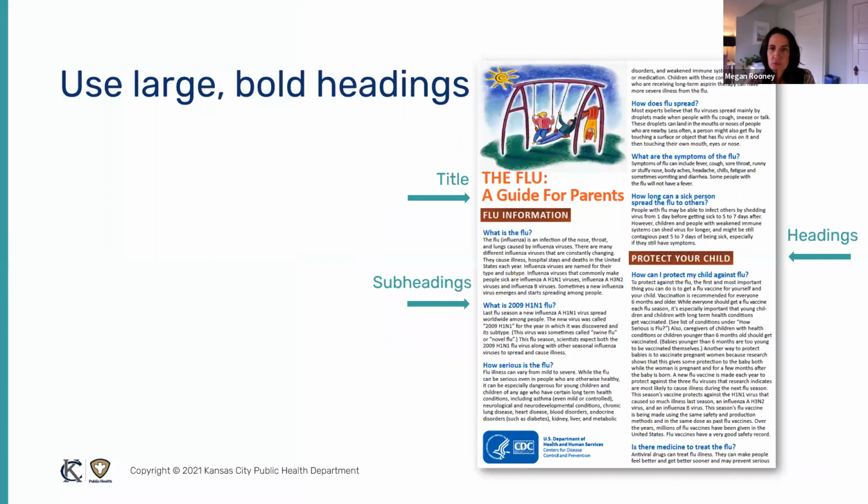The next strategy for making information easy to navigate is to use large, bold headings. Very simple advice, but it can make a really big impact. You want to build levels of information using titles, headings, and subheadings so your readers can easily scan for the information that they want and that fits under each section. You'll notice in this example that there's a title about the flu, and then there are these reddish colored headings that are the subheadings.